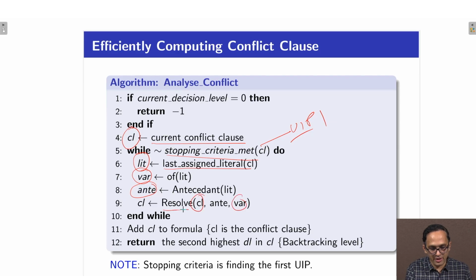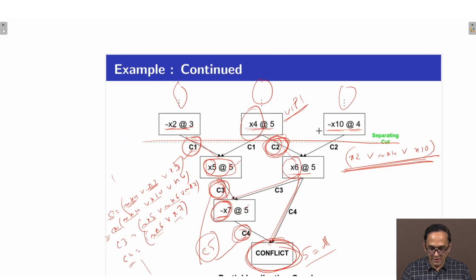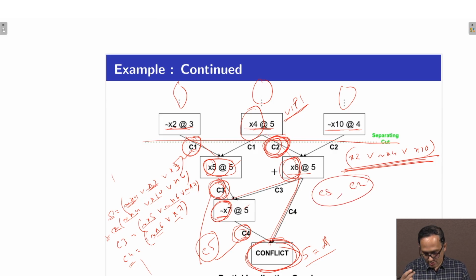I do this binary resolution and get the new clause C5. Then I go back and check whether the new clause has the UIP 1; it does not. Again I take the last assigned literal, which is x6, and identify the antecedent C2, then I do the resolution of C5 and C2, and I get C6.